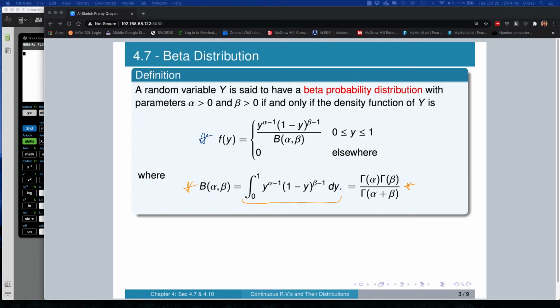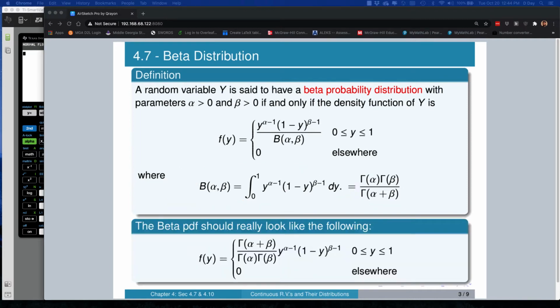When you think about the beta probability distribution, we're not going to worry too much about this guy here. I'm not going to have you really do anything with him. We're going to deal with giving you alpha and beta values that are usually whole numbers if we ask you to do integrations. So you can just jump right to this. But your beta PDF should really look like the following. Little f of y should be gamma of alpha plus beta divided by gamma of alpha times gamma of beta, all times y to the alpha minus 1 times 1 minus y to the beta minus 1.